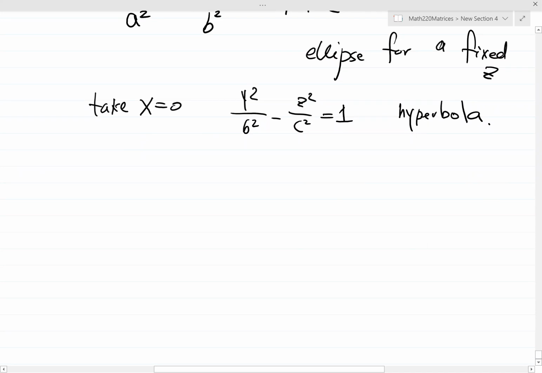If we cut along z, the section looks like an ellipse, and if we cut along x, it looks like a hyperbola. So we just plot its picture.